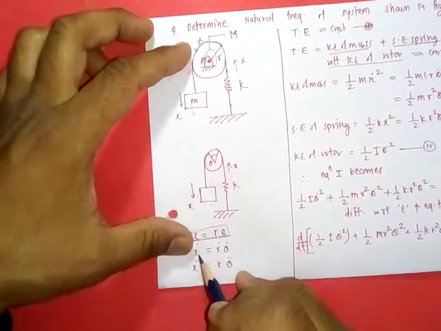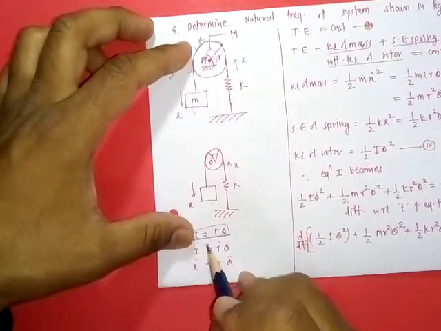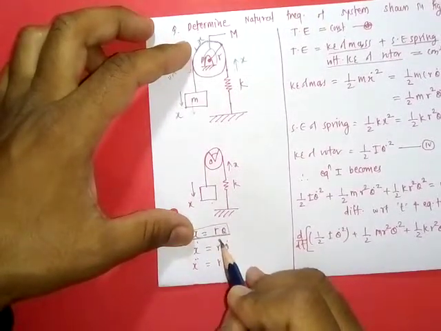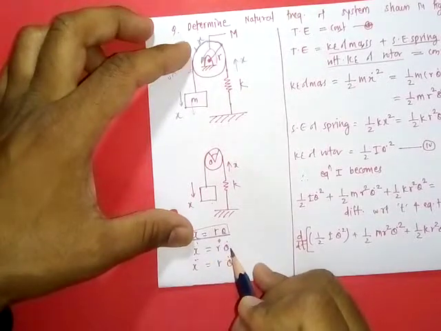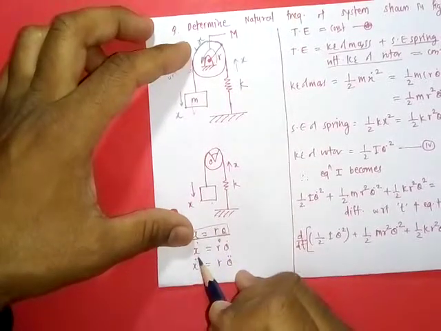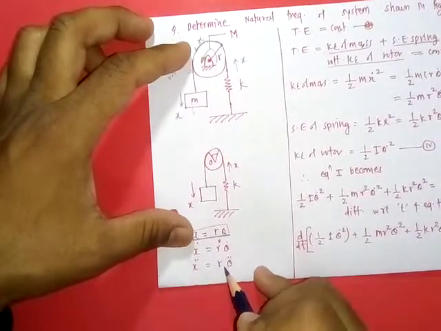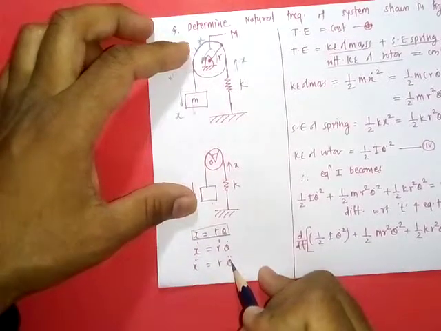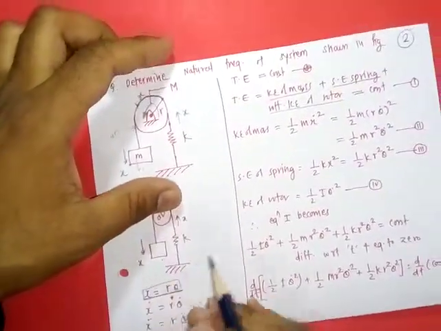Taking the derivative, as r is constant, x dot is equal to r theta dot, and x double dot, the linear acceleration, is equal to r theta double dot. So these are the relations.